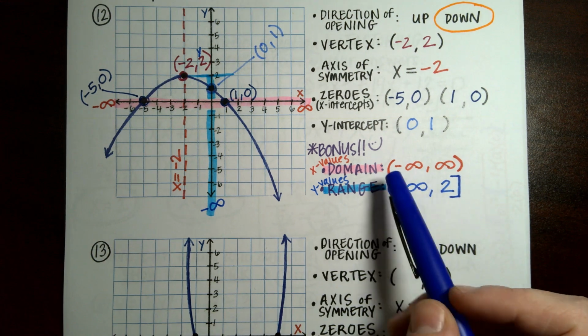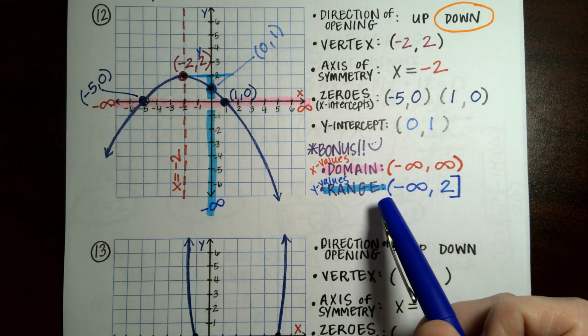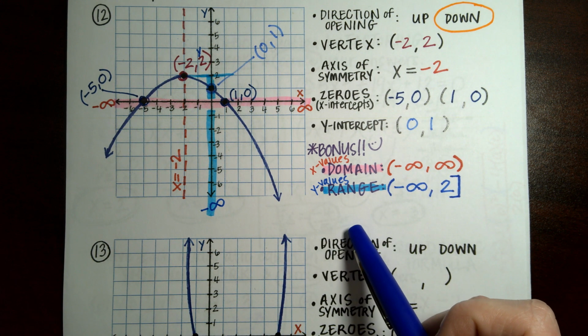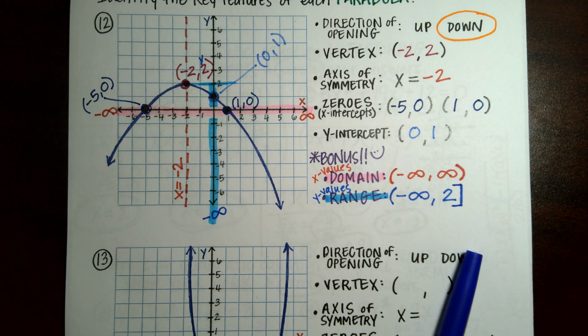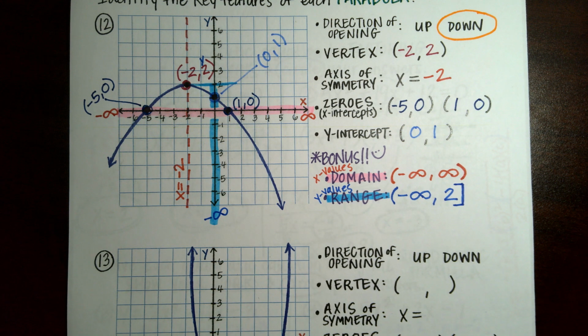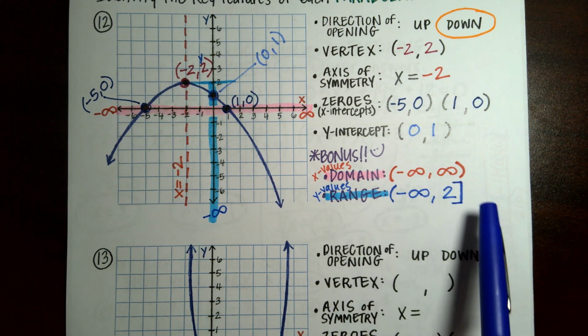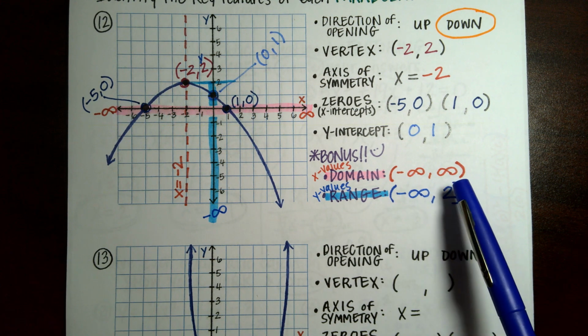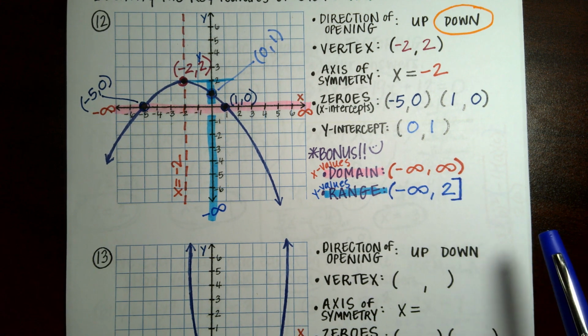So all domain and range is, we're defining the boundaries. We want to see how far the x values spread across, or how far the y values spread up and down. This is just a way that we write it to explain what the boundaries are.